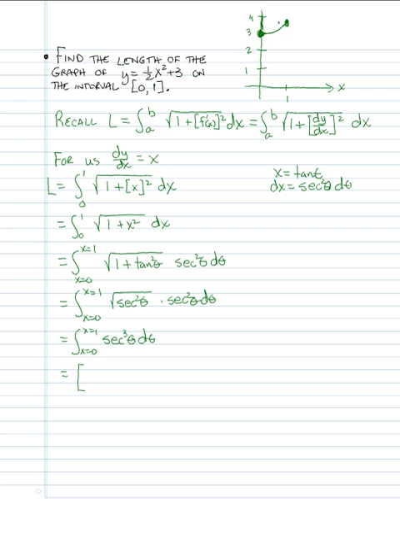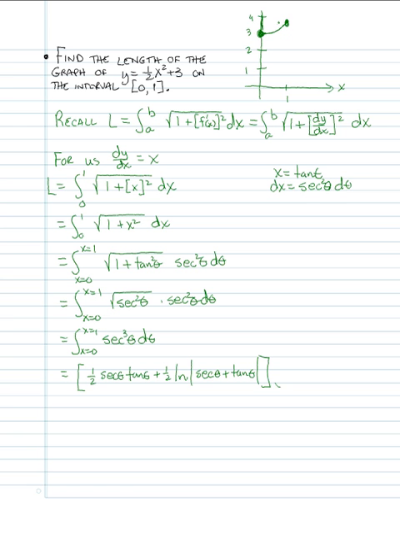From our notes, the integral of secant cubed theta is 1/2 times the secant of theta times the tangent of theta plus 1/2 times the natural log of the absolute value of secant of theta plus tangent of theta. Those are absolute value signs.